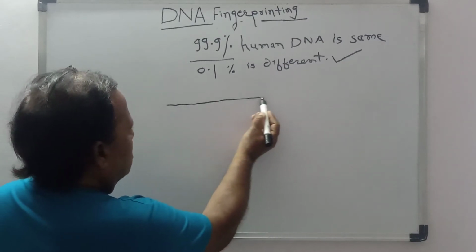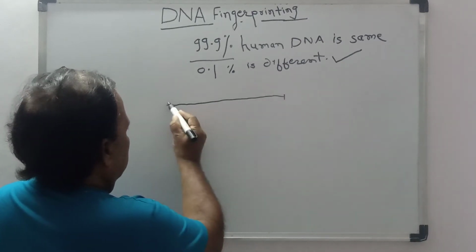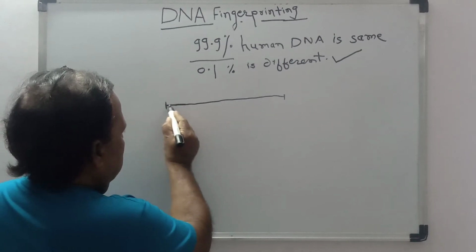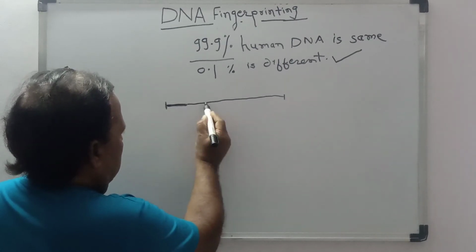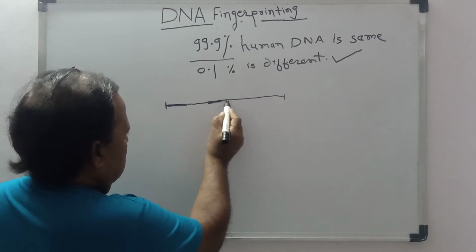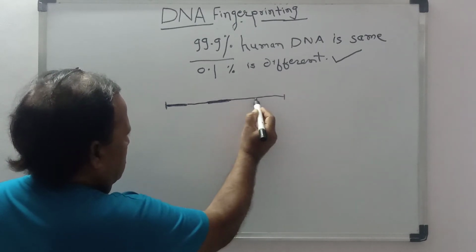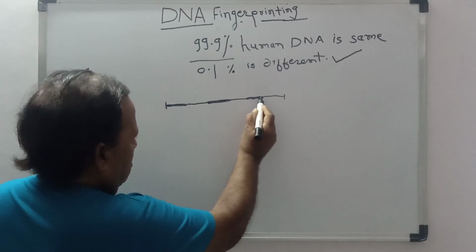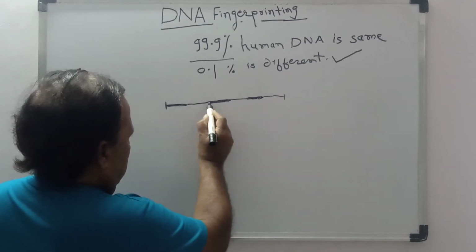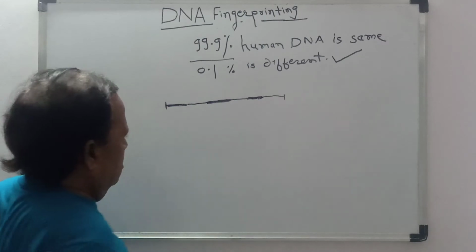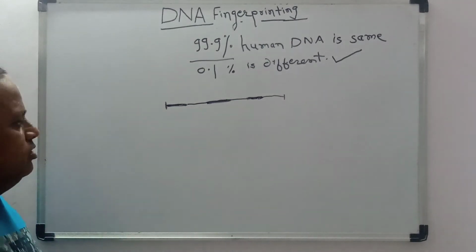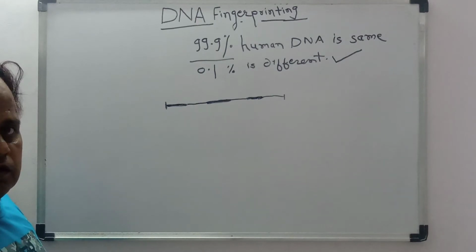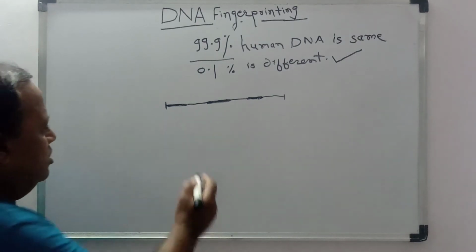Now suppose this is a DNA strand. This is one gene. This is another gene. This is another gene. As you know, entire DNA is not converted into protein.